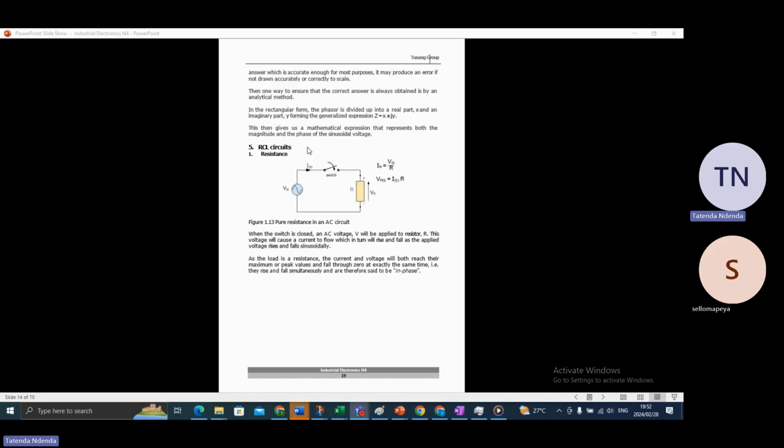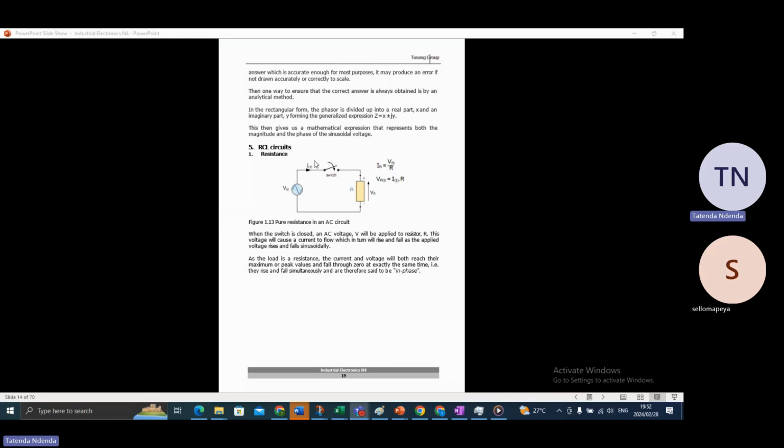Then we have RCL circuits. We have resistance, which we spoke about yesterday in Electrotechniques, where we said the resistance of a circuit is just like an instrument which resists the flow of current.